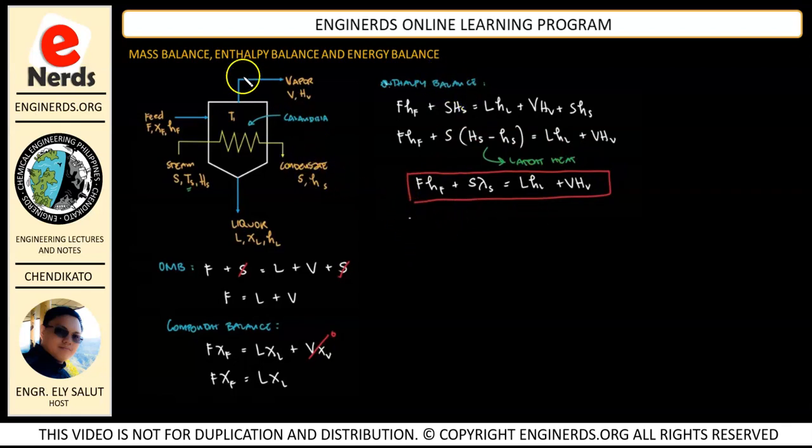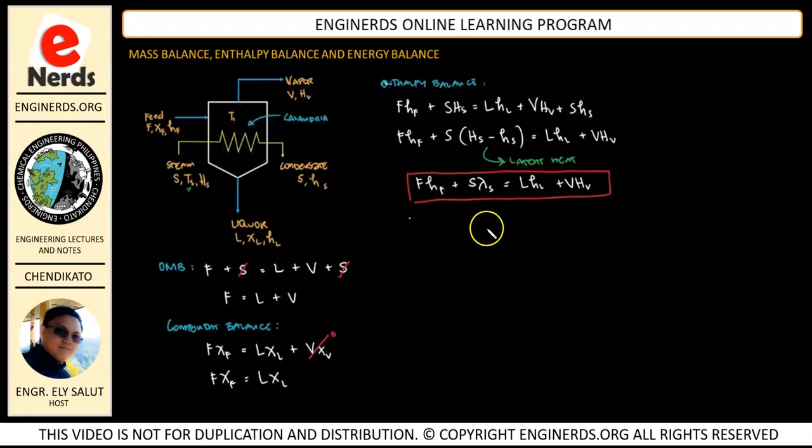Now, if we're going back dito sa ating single effect evaporator, we already mentioned before that there is no mixing happening between the steam and our feed liquor, no? So, the heat transfer is happening between the liquor and the steam. So, kapag wala tayong kino-consider na heat losses, yung mga heat that is being transferred from the steam papunta sa ating mga heating tubes, it will be equal to the heat that was transferred from the tube to our liquor.